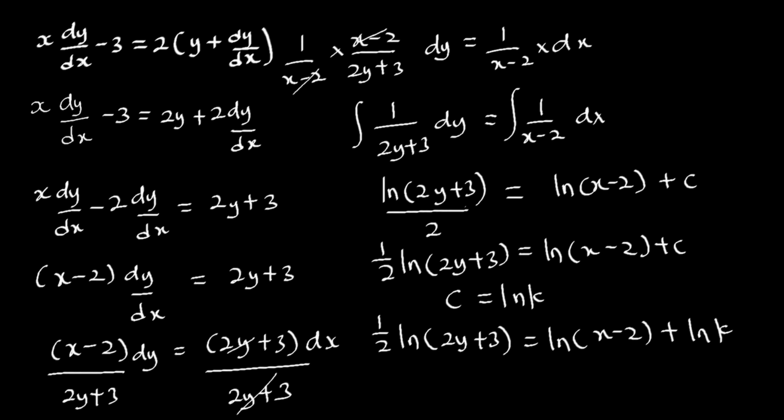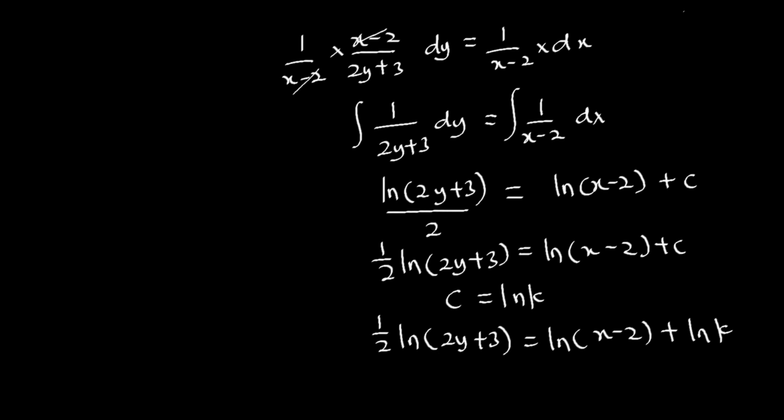Okay, so now let's look at what you are going to do next. Okay, so I'm going to use a log property which says that if you have a log b, you can write it as log of b to the power a. So I'm going to apply this property to the left hand side. So I'm going to have ln of (2y plus 3) to the power 1 over 2.